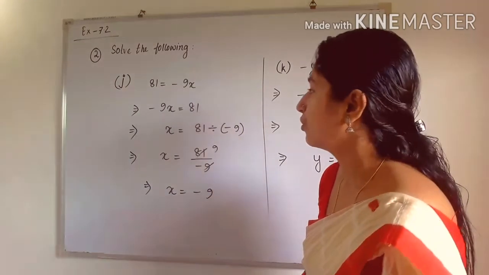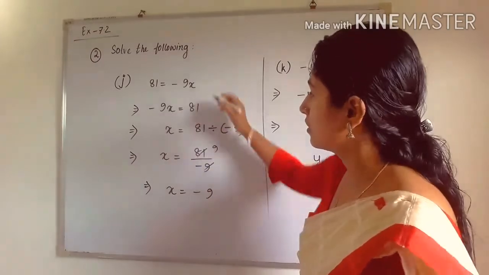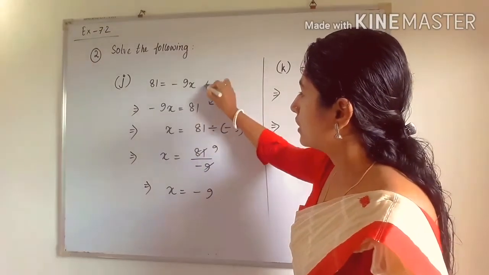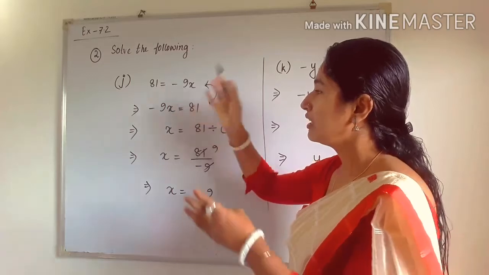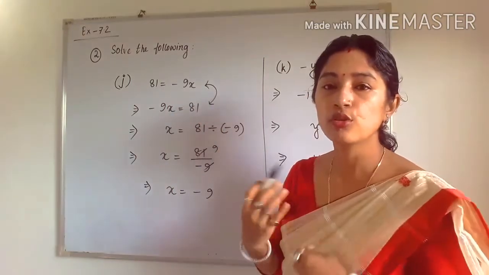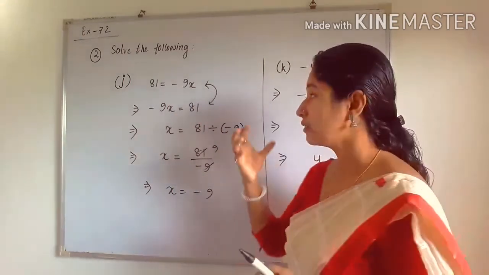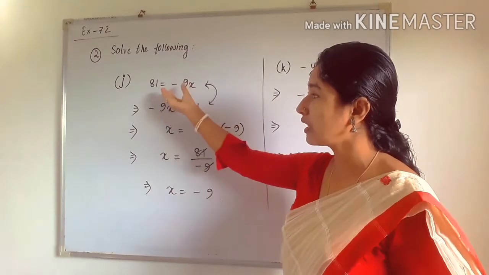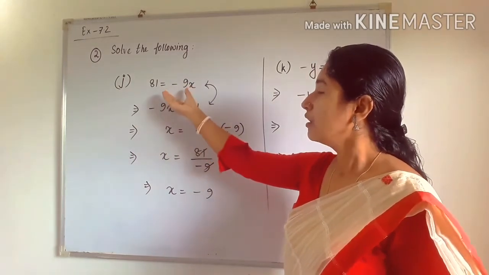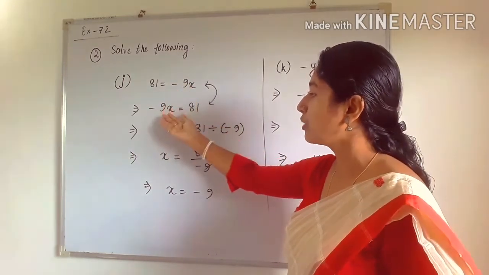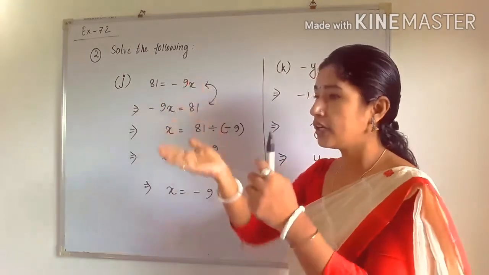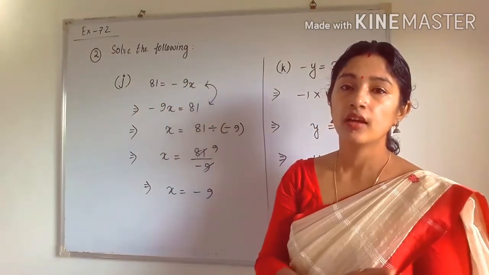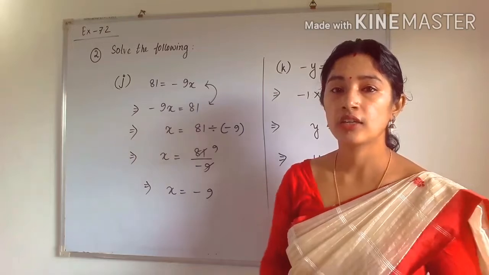Okay, so see this step. Here it is written that left hand side is equal to right hand side. Okay, so I am interchanging both of them. Then also the equation will remain the same, the meaning of the equation remains the same. Okay, so you can interchange left hand side with right hand side, but don't change the sign.